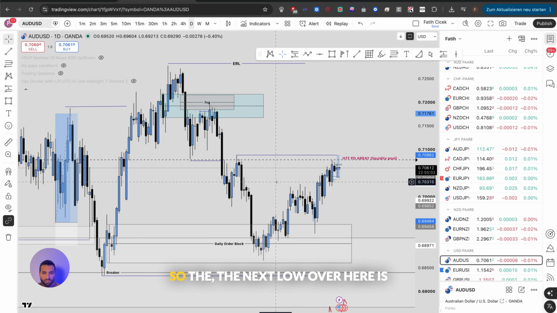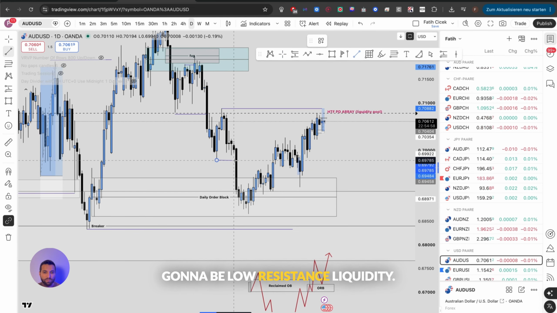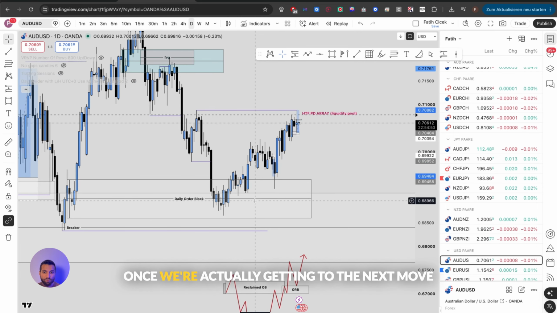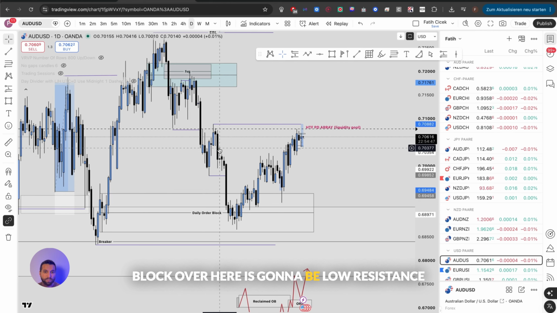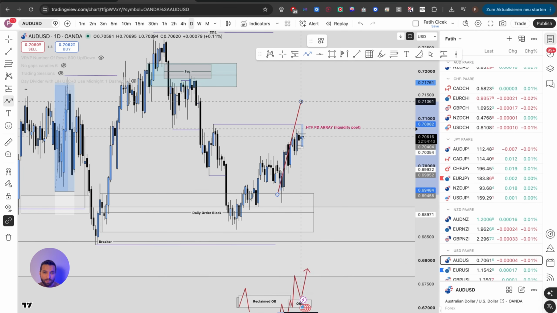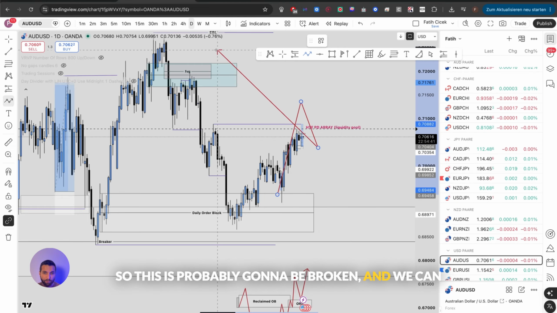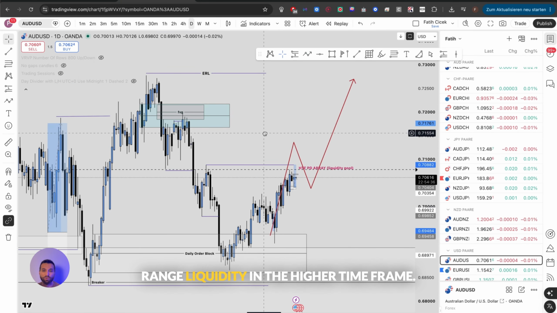The next low over here is going to be low resistance liquidity. Once we're getting into the next move in the higher time frame, this order block over here is going to be low resistance because price wants to go higher now. So this is probably going to be broken, and we can expect price to attack and target the external range liquidity in the higher time frame.